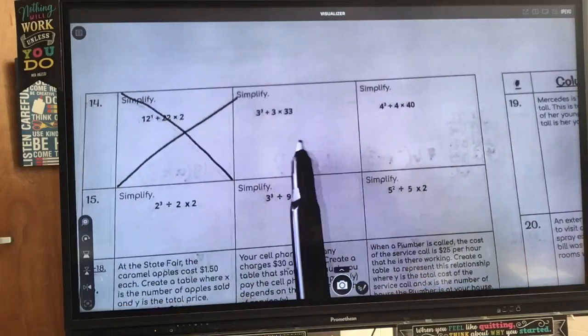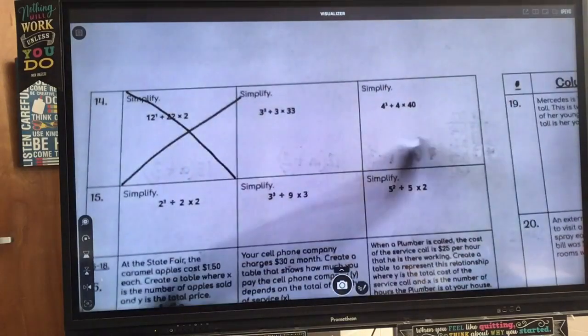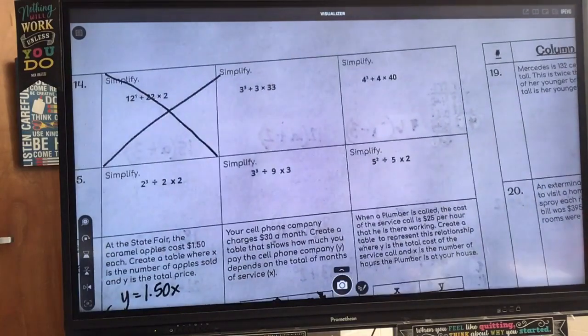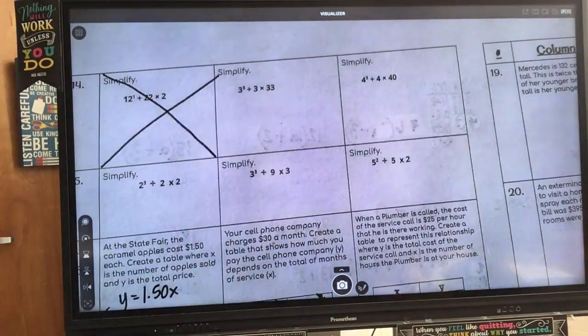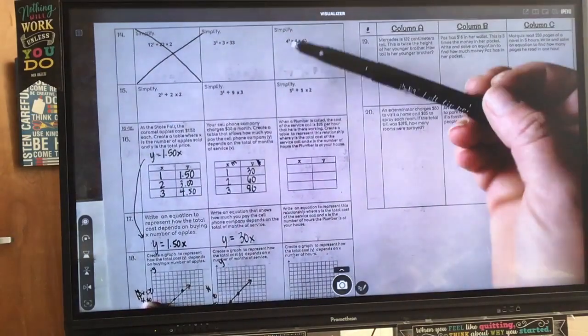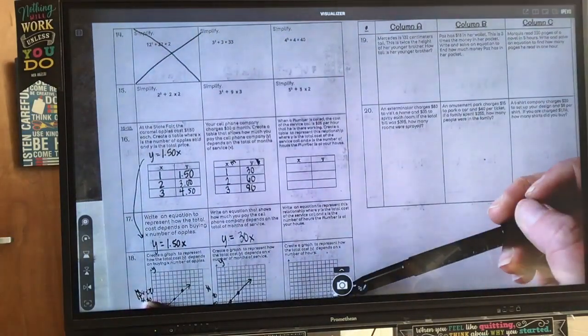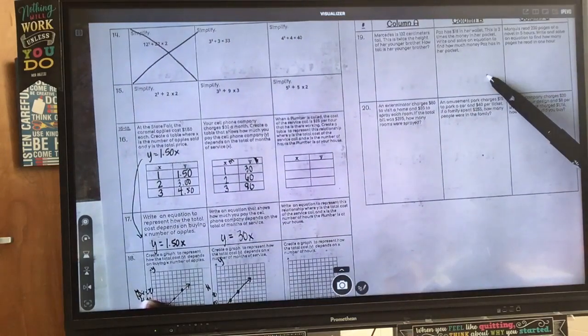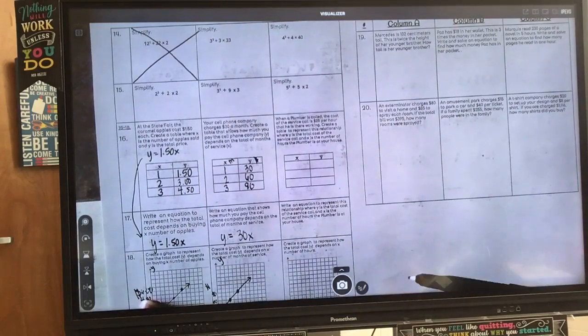So you're essentially doing 14, B and C, 15, A, B, and C, 16, 17, 18, B, sorry, C. So you're doing these 4, this technically 1, and these 6. Get started now. This is your review for your test tomorrow.